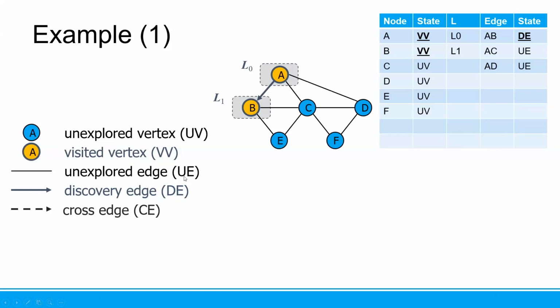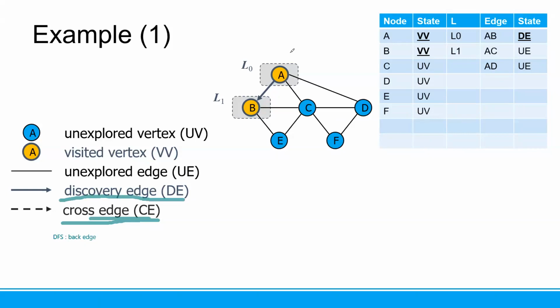The unexplored edge is UE, the discovery edge is DE, and now we have the cross edge. In the DFS, we have the back edge, but that's just terminology. So here we want to find the discovery edge, and if it returns back, then it is the cross edge.